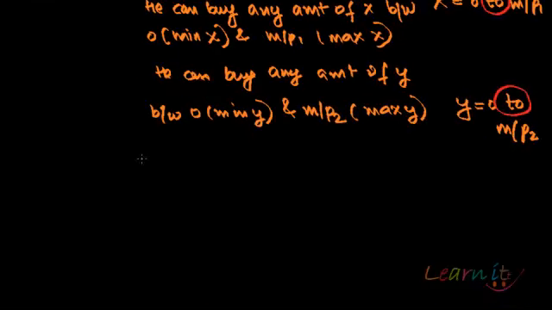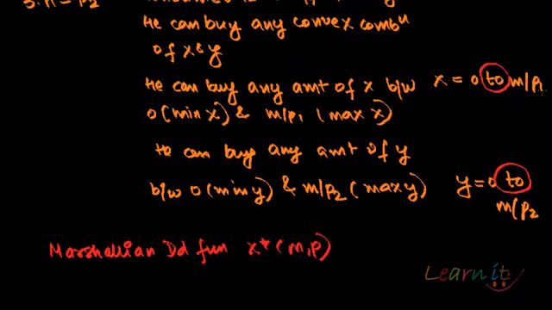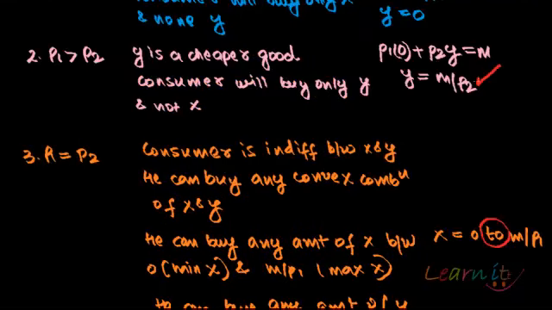All of these are also known as the Marshallian demand function, or simply a demand curve, because Marshallian demand functions are functions of income and prices.